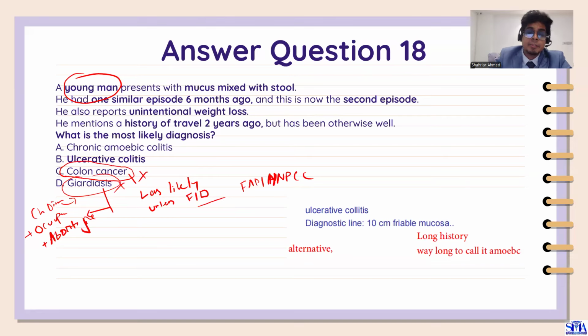Okay, so let's think for a few seconds because both of them are very close answers. Mucus in the stool, you always give a double thing for IBD, definitely. Yes, as someone mentioned also, blood, you may not always get the blood actually.